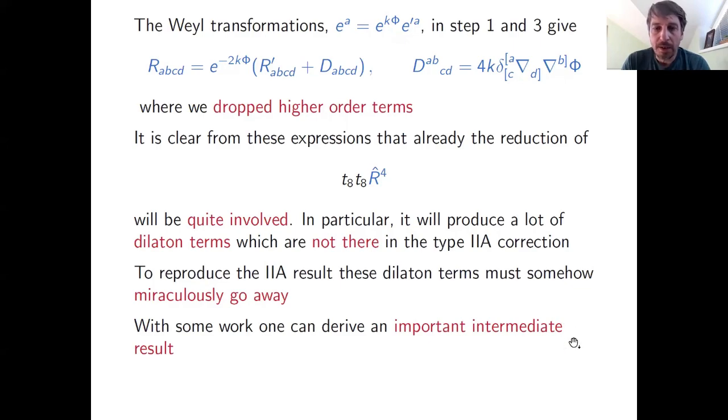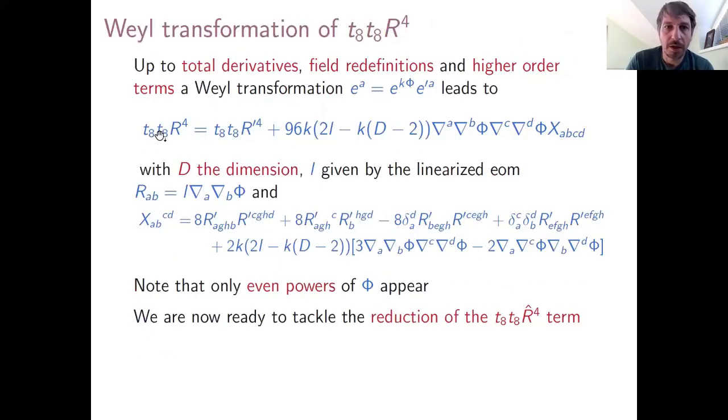Now, it turns out that there's a very useful intermediate result that we can derive, because in 2 of the steps, we're doing a Weyl transformation. So if you can simplify what a Weyl transformation does to the R to the 4, so the T8 T8 R to the 4 terms, then it will simplify our work a bit.